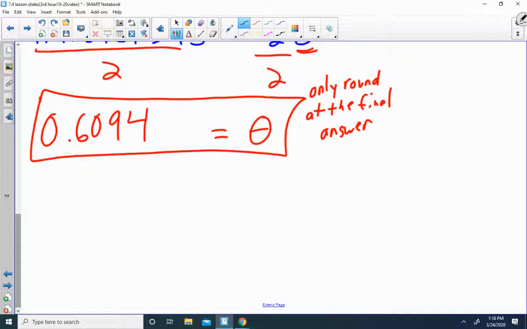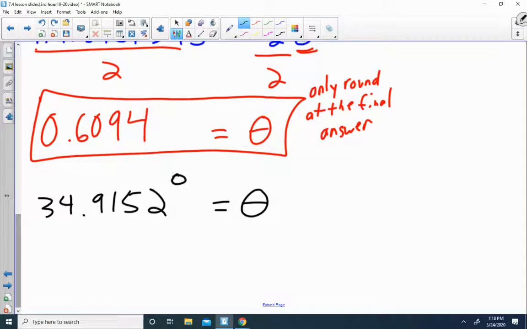If you did this in degrees, this is what your angle should be. Your angle should be 34.9152 degrees. If at any time you answer a problem in degrees, please do the symbol.